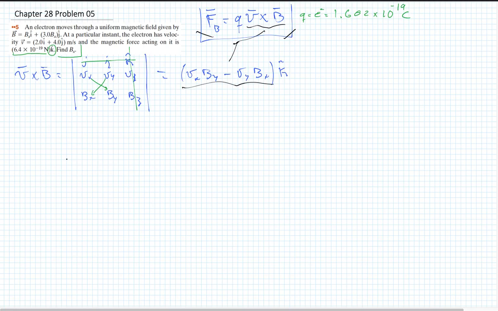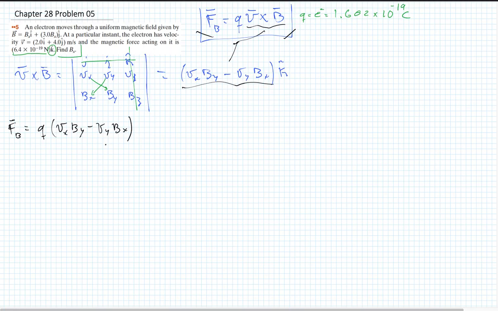We have the magnetic force, so it's going to be the charge times Vx By minus Vy Bx.